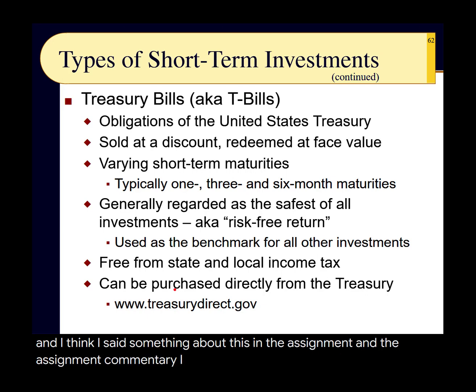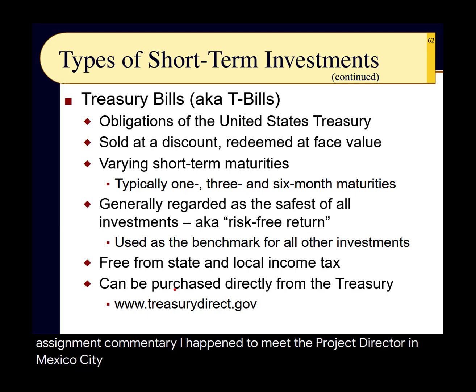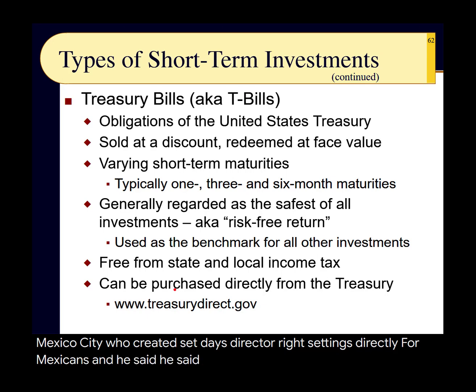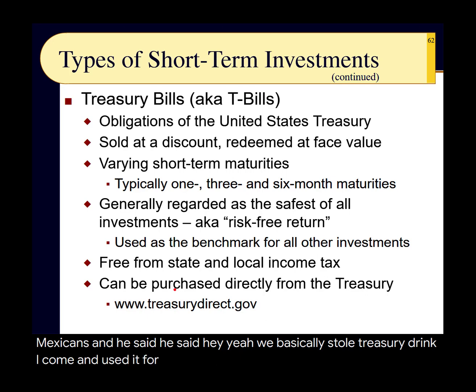I happened to meet the project director in Mexico City who created CETES Directo, which is basically TreasuryDirect.gov for Mexicans. And he said, yeah, we basically stole TreasuryDirect.gov and used it for our currency. Very cool. So check it out.